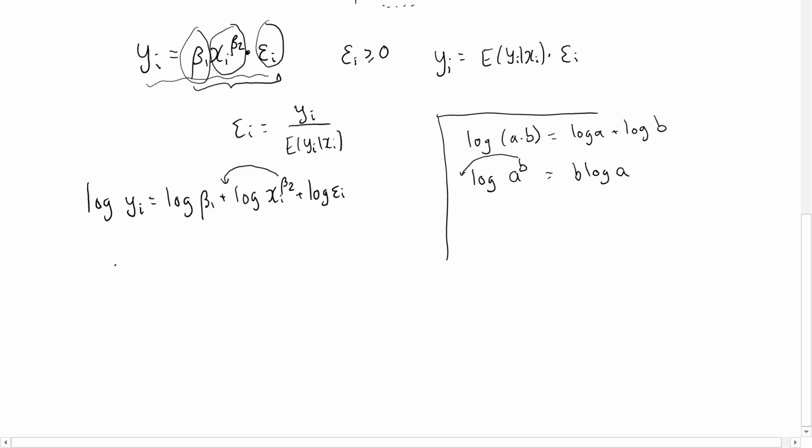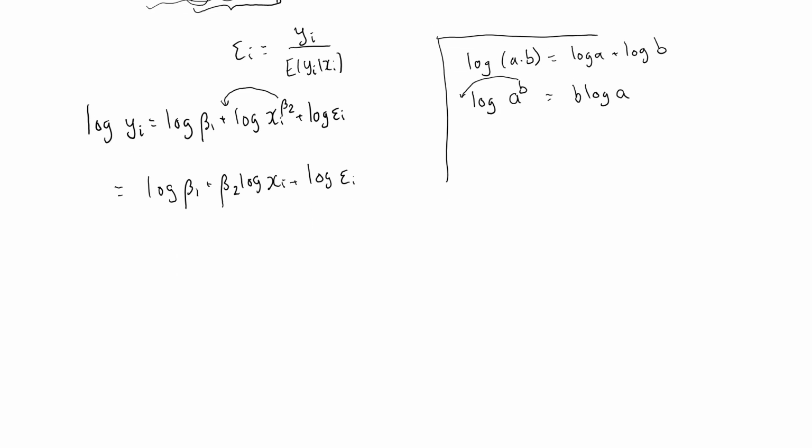So this is log beta 1 plus beta 2 log xi plus log epsilon I. So still this doesn't really look like a regression model, but it will pretty soon.